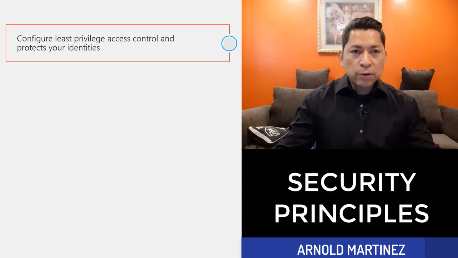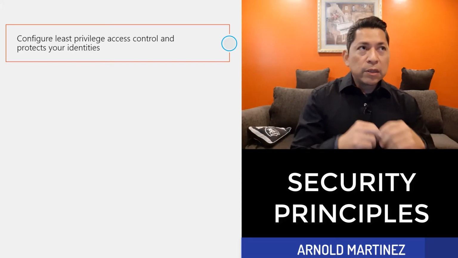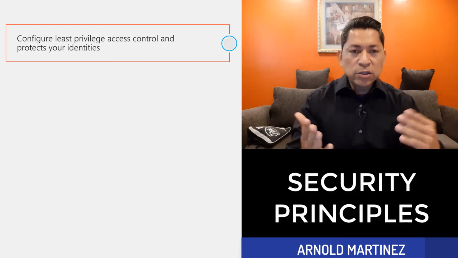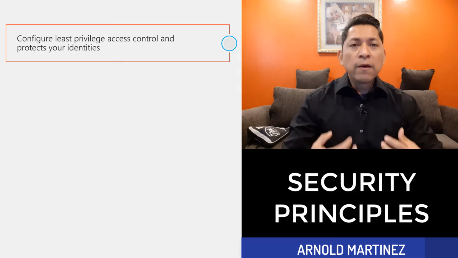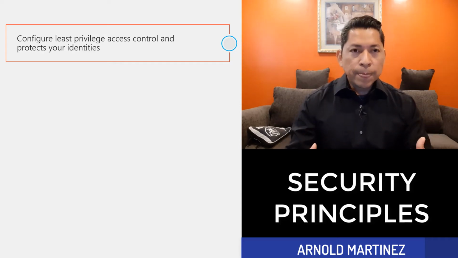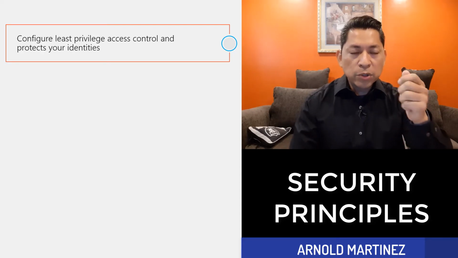How do we protect their accounts? Let's say there are two sides of protecting identity accounts. One is protecting the identity itself, validating the identity, which means proving you are the person you say you are.